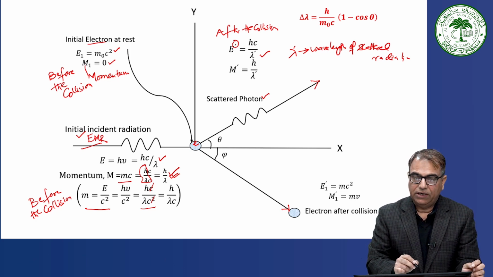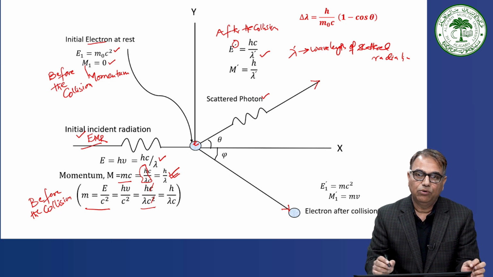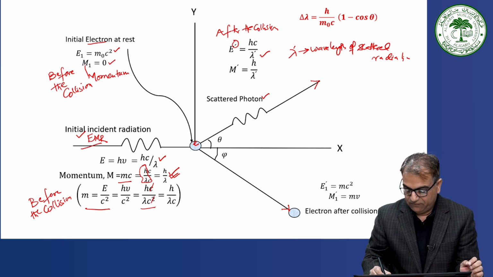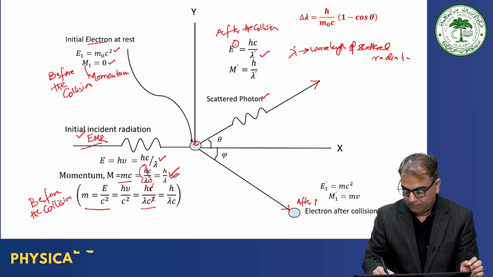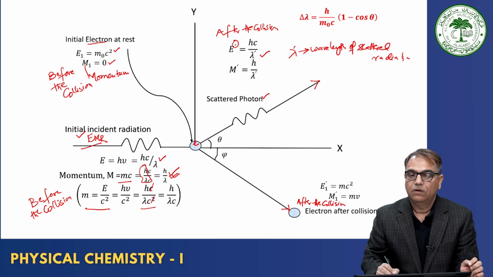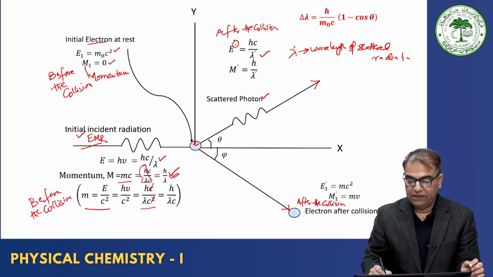Now if you look at the electron after the collision, the electron also gains some momentum from the striking photons, and now we have m1 prime after the collision. The energy is again mc square.